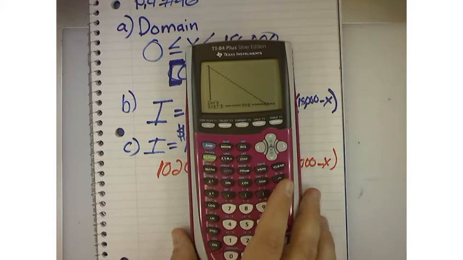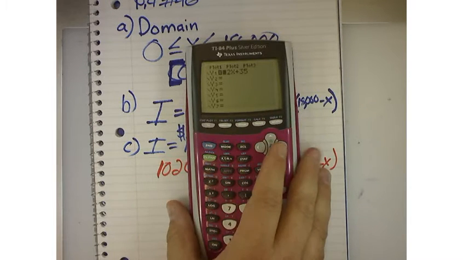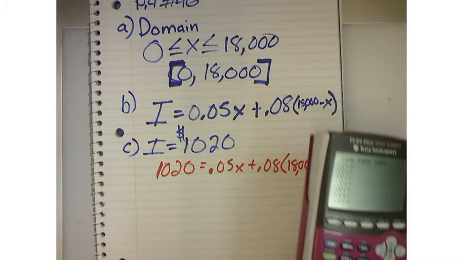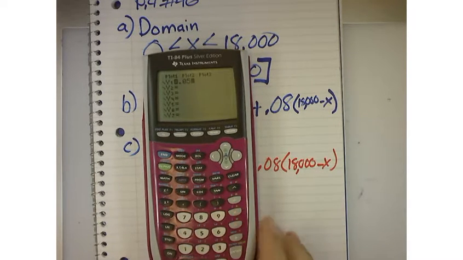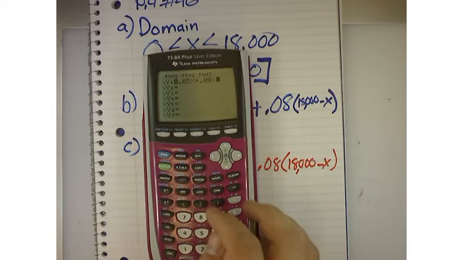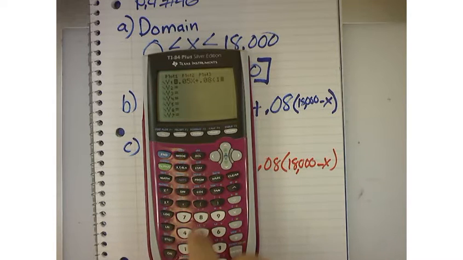Well, we graph both functions. So what I would do is graph my linear function, which is 0.05 times x plus 0.08 times the quantity 18,000 minus x.